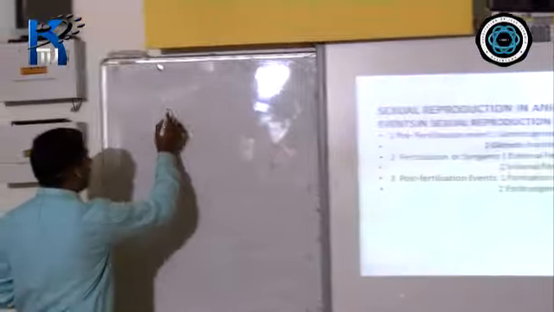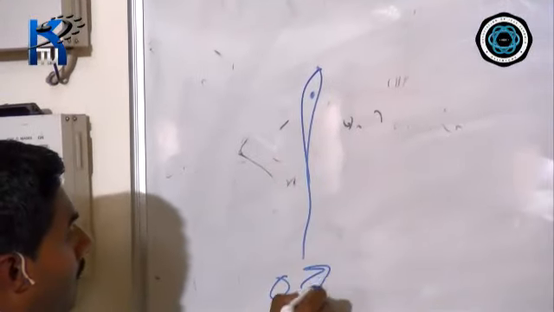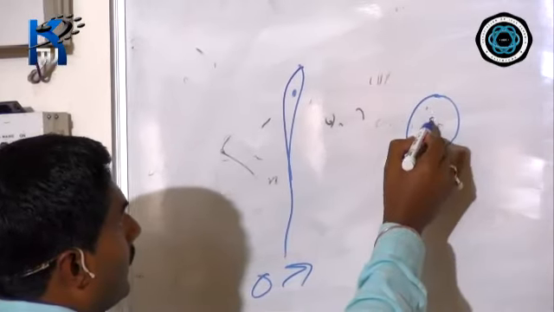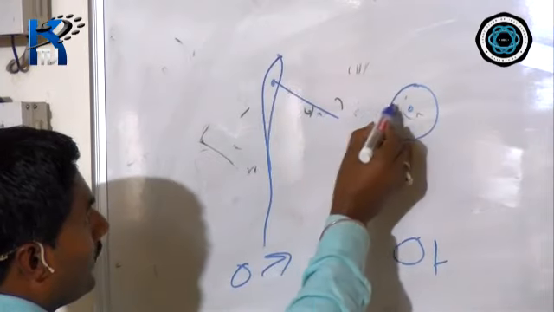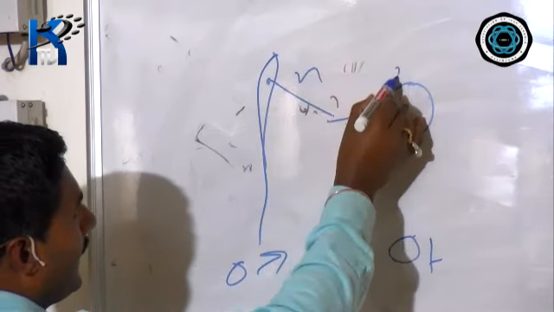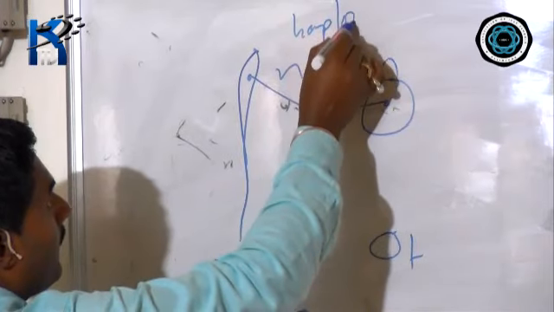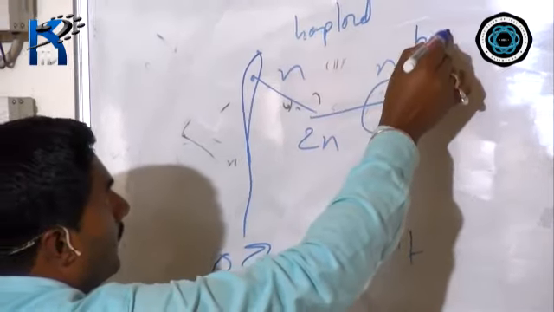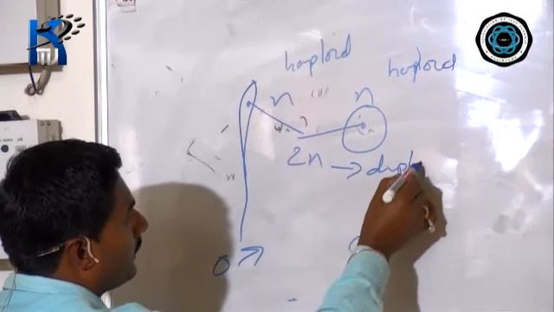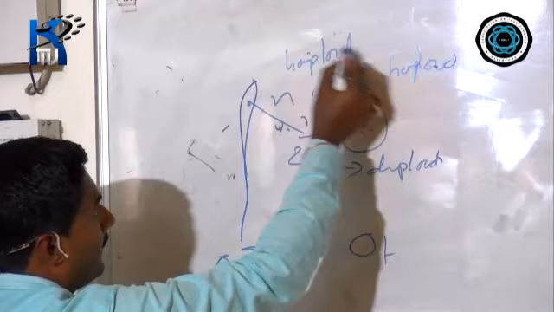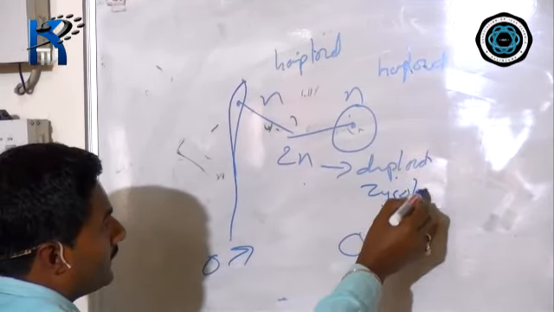Take for example, here is the reproductive cell of a male and here is the reproductive cell of a female. The nucleus N and N give 2N. This is haploid, this is also haploid, and this one is diploid. So when the haploid gametes fuse together, it leads to diploid. This diploid cell is called the zygote.